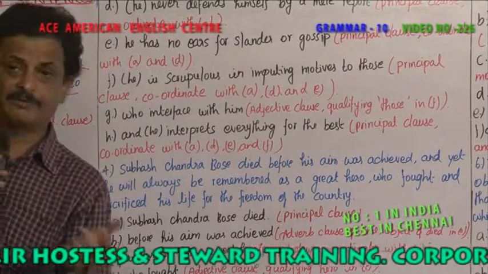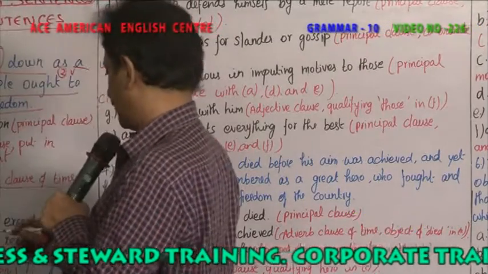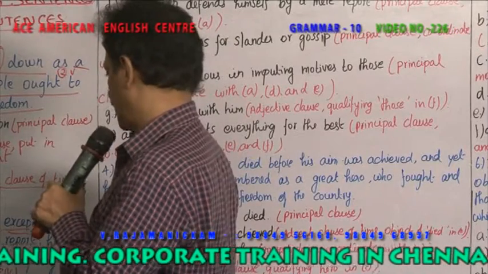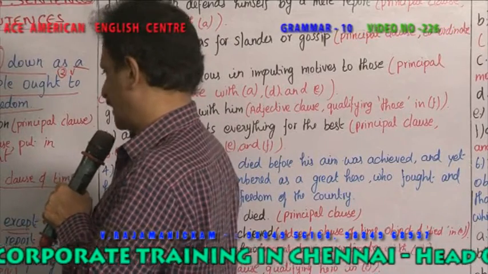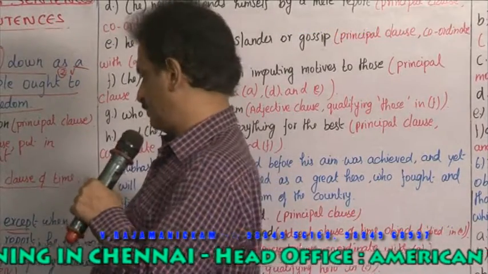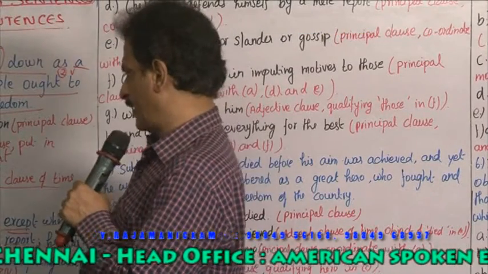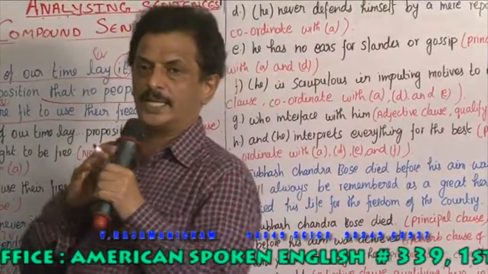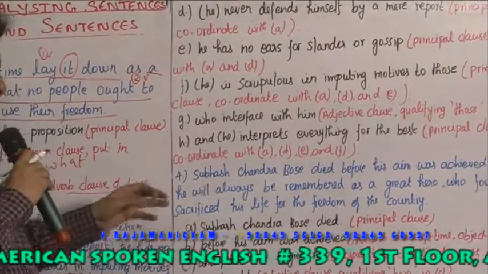When you find words like "when", it becomes an adverb clause of time. Then any other conjunction, see, "who" is an adjective clause, it describes somebody. When you find these words, that is a conjunction, you can know whether it is an adjective clause or an adverb clause.